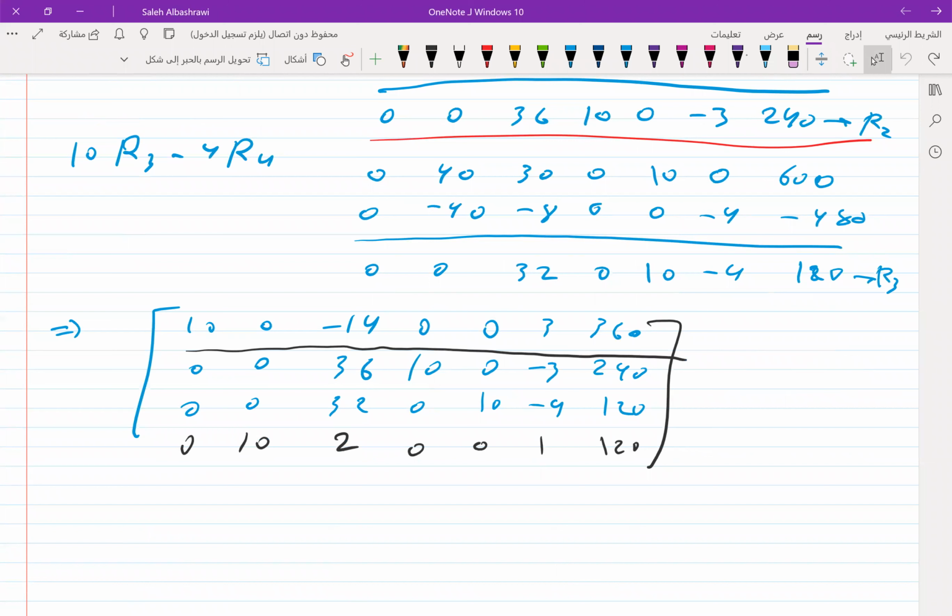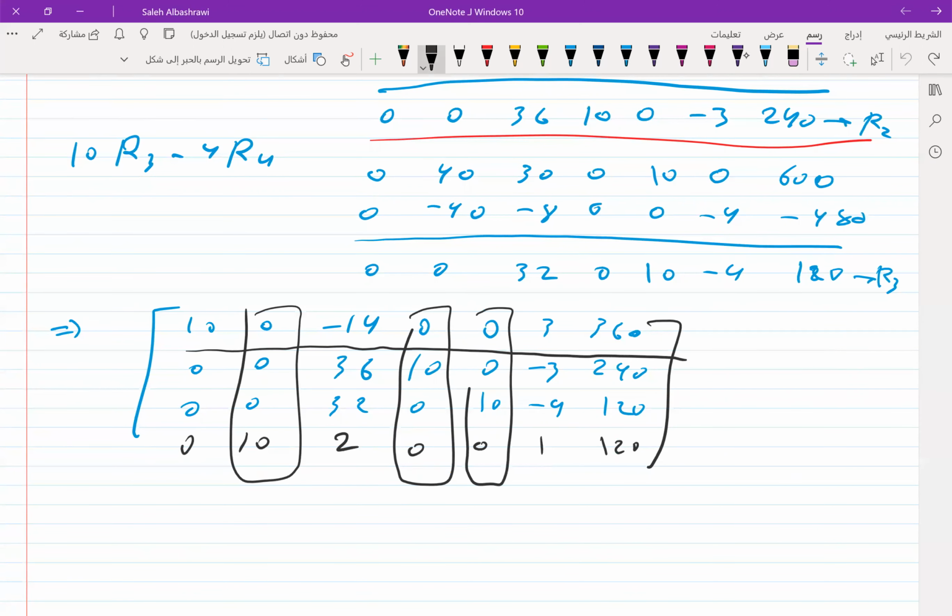Now we can see in this step that some columns have only one non-zero entry. You can see this one has only one non-zero. This one only one non-zero. This one also one non-zero entry.